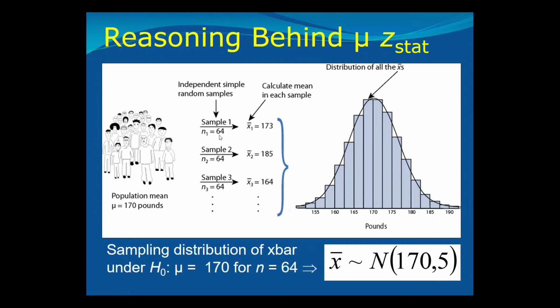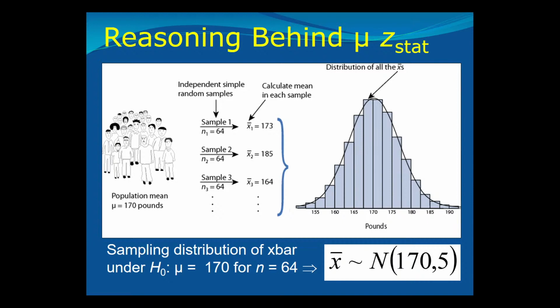Nowadays we draw different simple random samples, and the size of these samples is the same and equals 64 persons, and we calculate the mean in each sample.